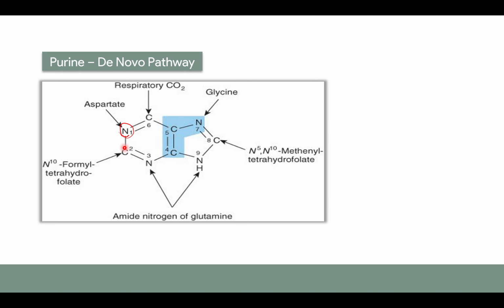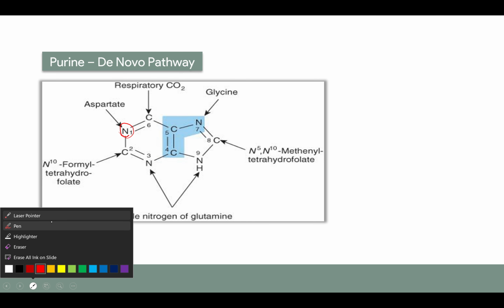The second carbon atom comes from N10 formyl tetrahydrofolate. The third nitrogen atom and ninth nitrogen atom come from the amide group of glutamine. The fourth, fifth carbon atoms and the seventh nitrogen atom come from glycine. The sixth carbon comes from respiratory carbon dioxide, whereas the eighth carbon atom comes from N5,N10 methenyl tetrahydrofolate.